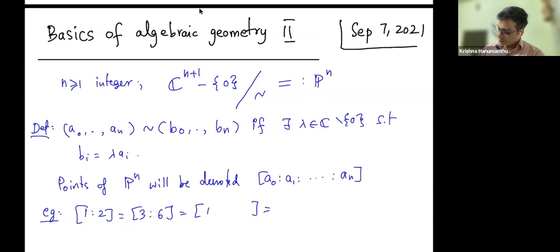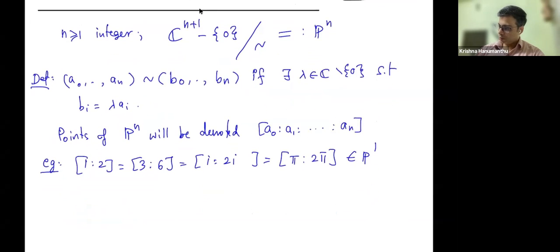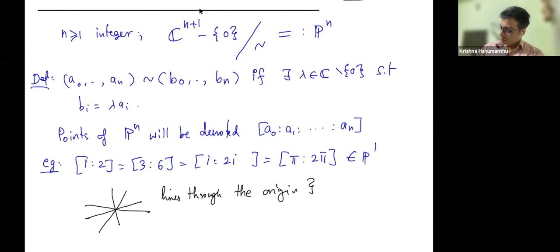They are all the same point inside P^1. So we are basically going to look at lines through the origin in C^(n+1). There is a bijective correspondence between these lines and P^n.